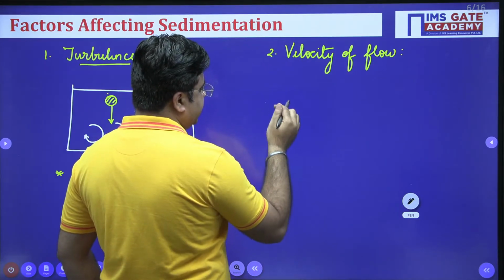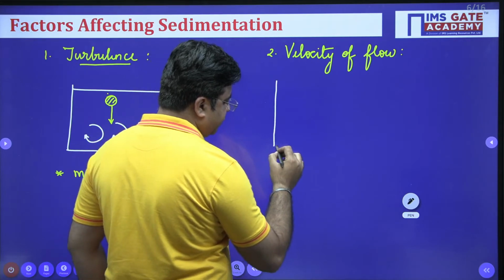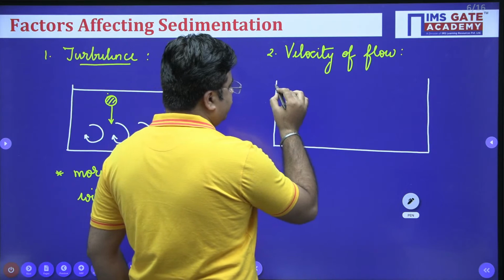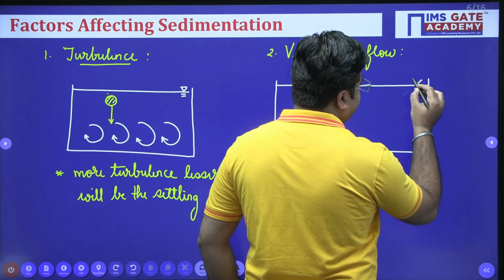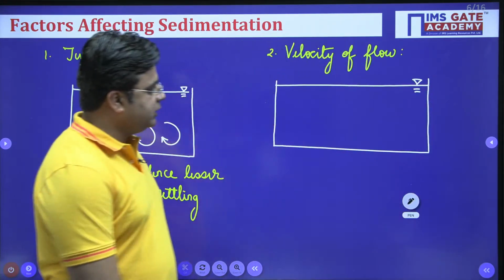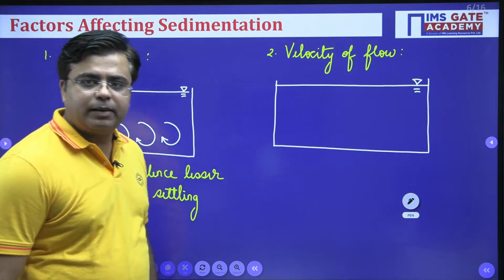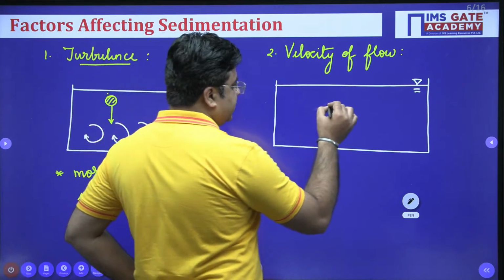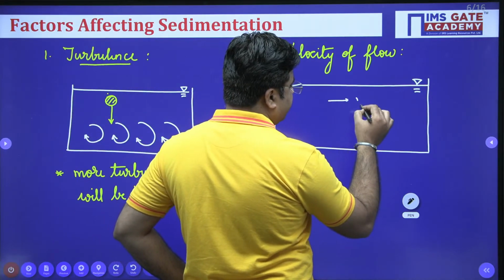Okay, again I'll take the example of a sedimentation tank where this sedimentation is happening. If this is my tank, sedimentation tank, and this is my velocity of flow, Vf.